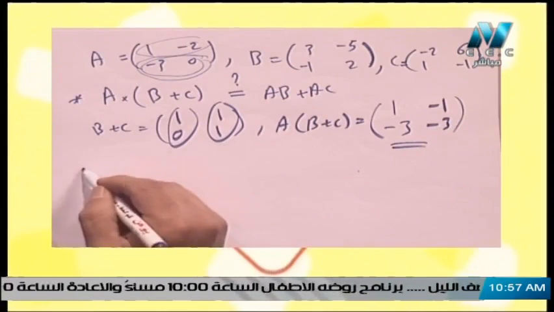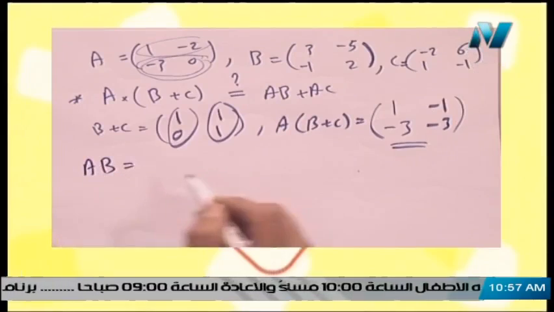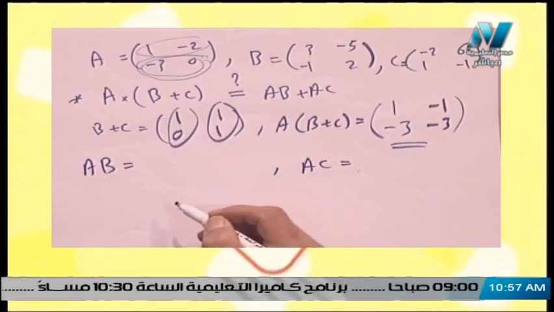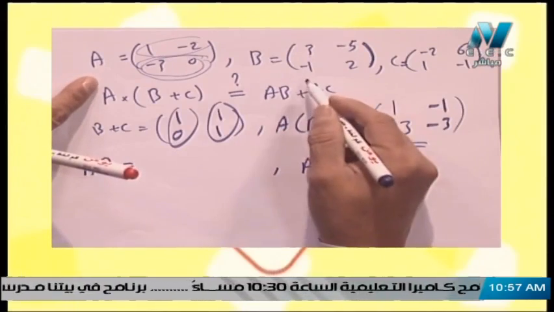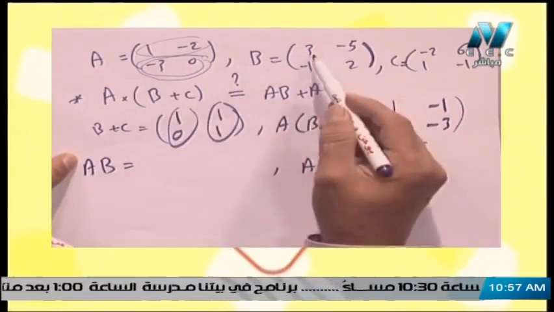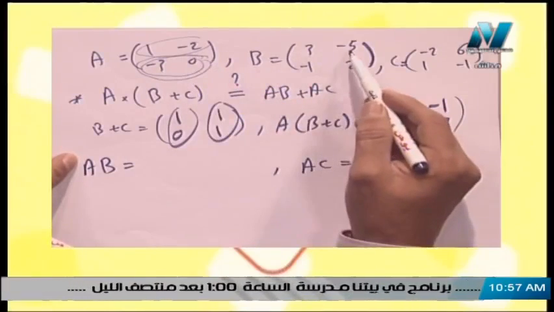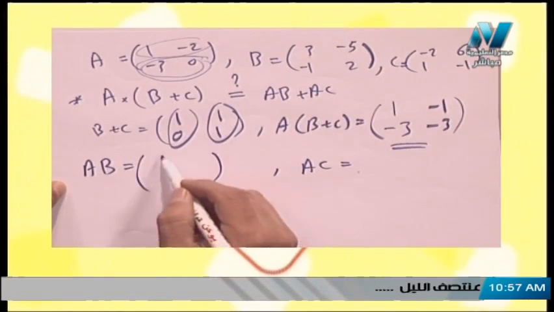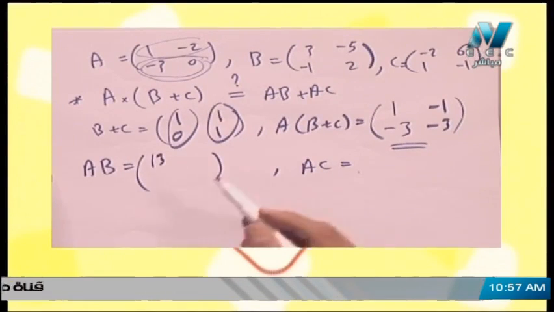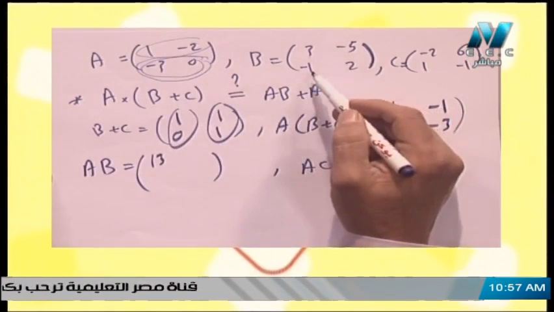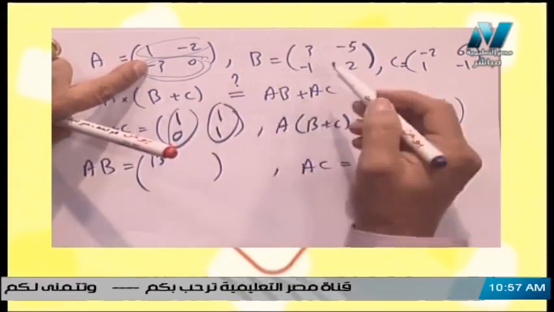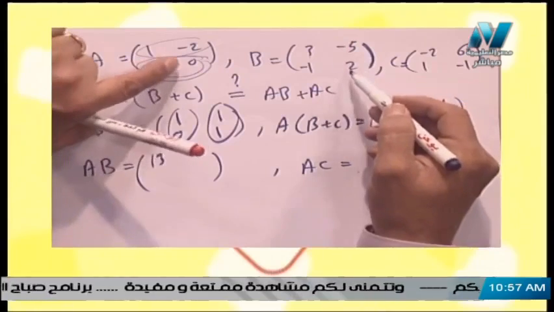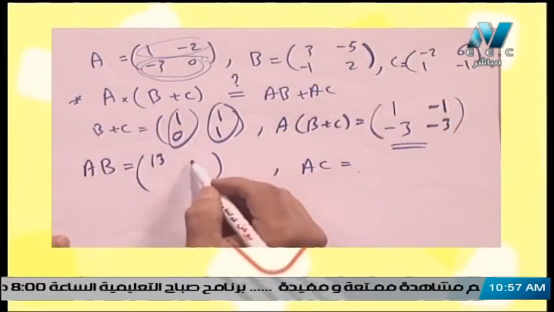And let's move to find AB and AC. AB means A multiplied by B. 1 times 3 equals 3, negative 2 times negative 5 equals 10, so it's 13. 1 times negative 1 equals negative 1, negative 2 times 2 equals negative 4, plus negative 5, equals negative 9.